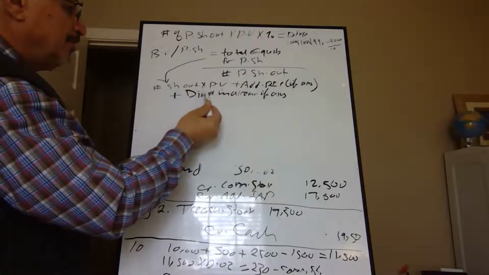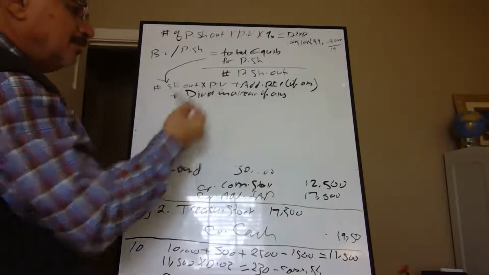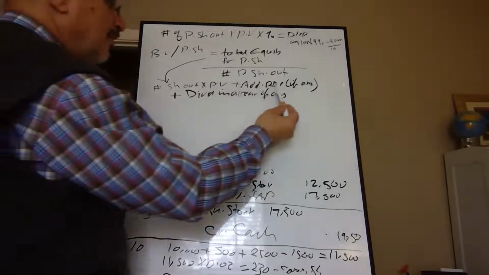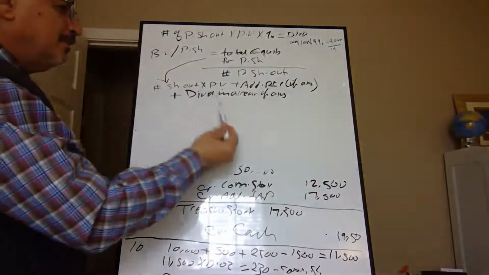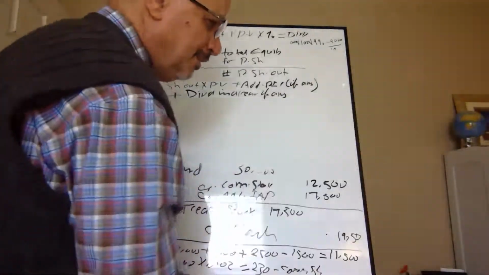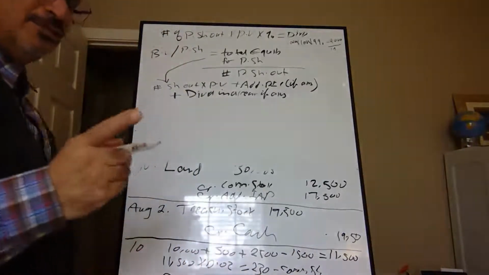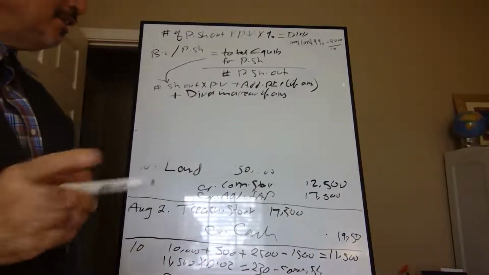Okay, number of preferred shares outstanding times par value, plus additional paid in capital, if any, plus dividends in arrears, if any. Now, I want to call your attention to one point here.